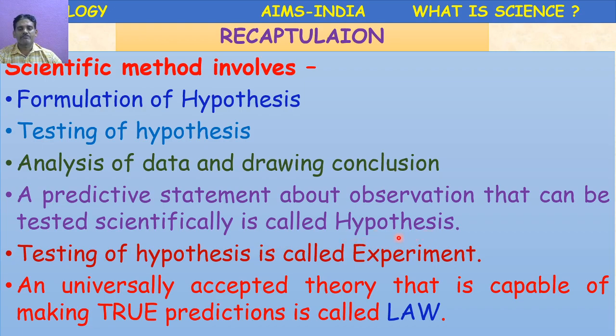Testing of hypothesis is also called experiment. Finally, a universally accepted theory that is capable of making true predictions is called law.